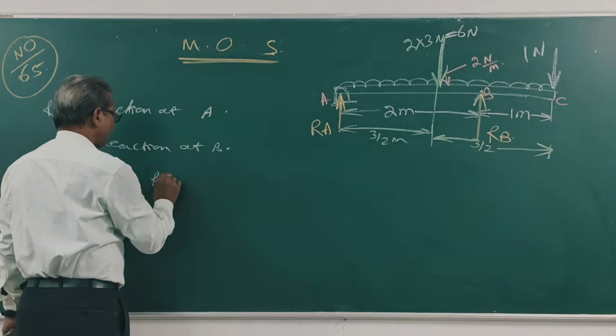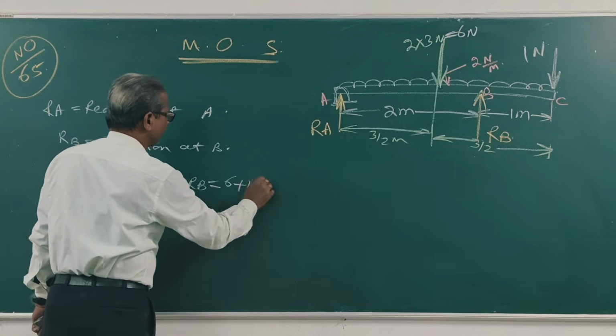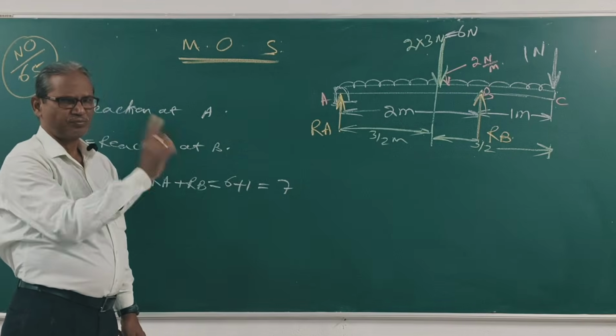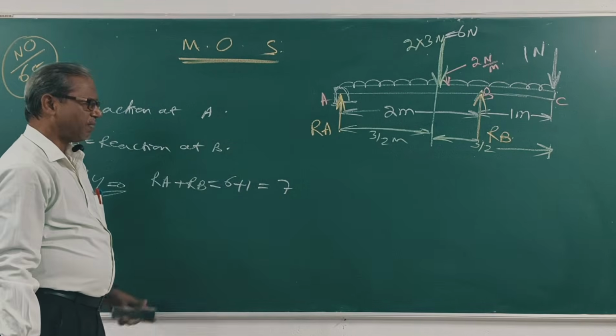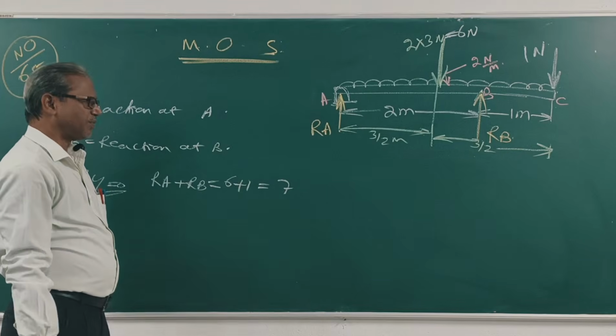Now, RA plus RB is equal to 6 plus 1, 7.